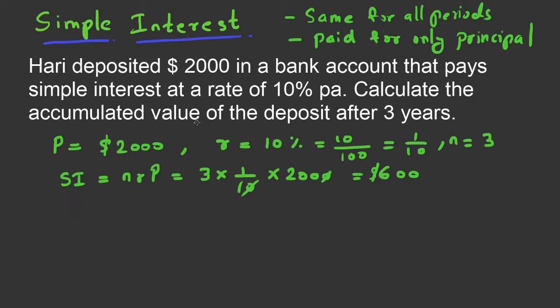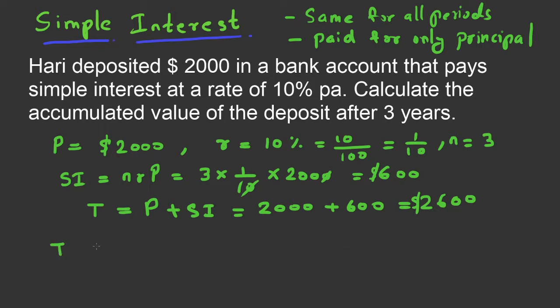Accumulated value is the total amount at the end of the third year. So I have to find total is equal to principal plus simple interest, that is equal to 2000 plus 600, that is equal to $2,600.